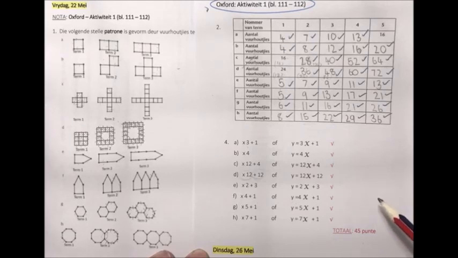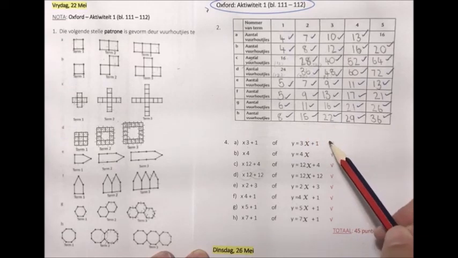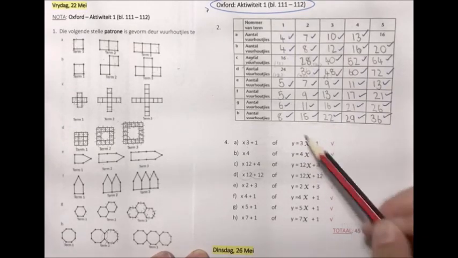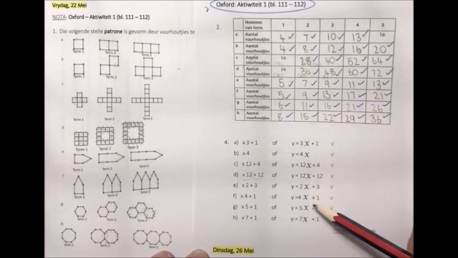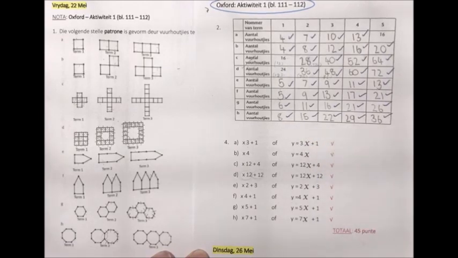Do we need to add, or do we need to subtract? What is the constant difference? The constant difference is the number that you increase the output values by, and that number must be the same. If it's 5, 4, 3, 5, 4, 3, then it's not a constant difference. It needs to be the same number that the pattern increases with every time.